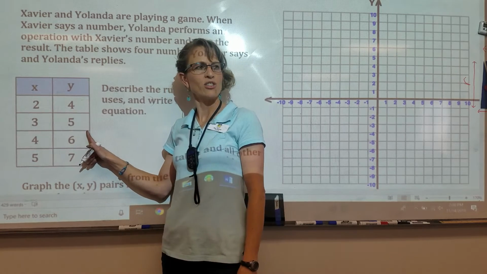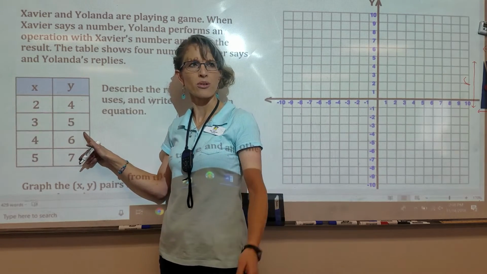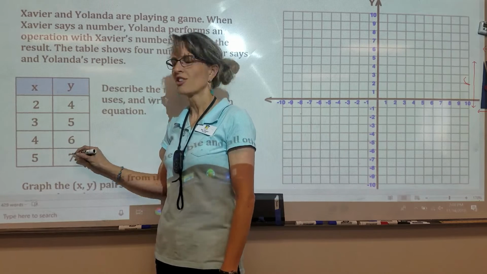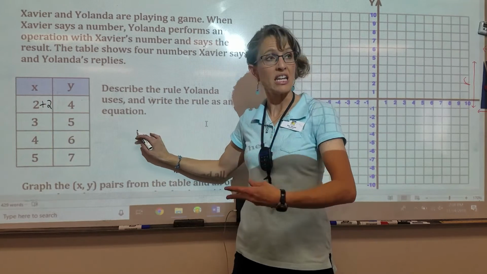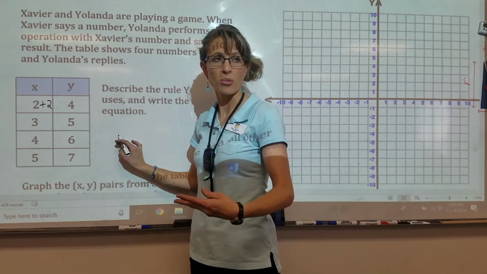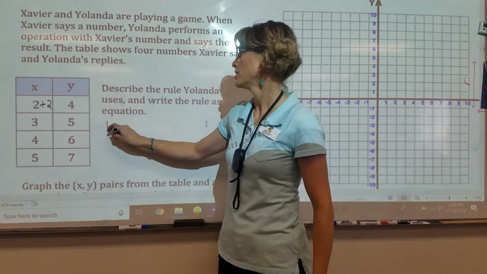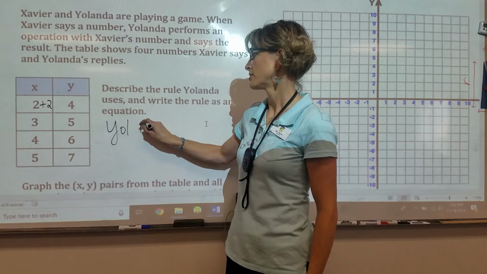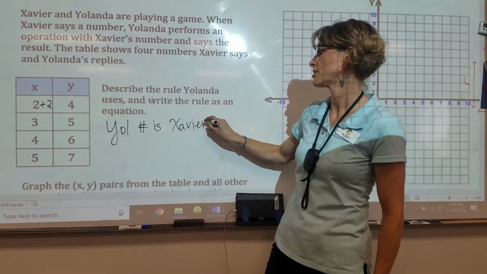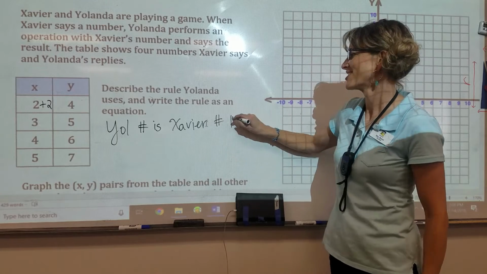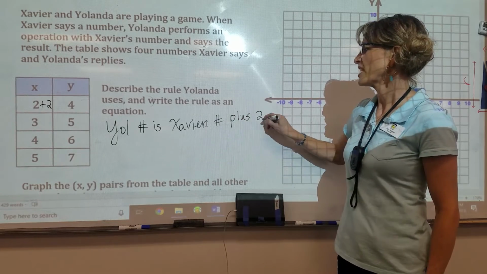What is Yolanda doing to Xavier's number, Joseph? She's adding 2. So we're going to say that Yolanda's number is Xavier's number plus 2.